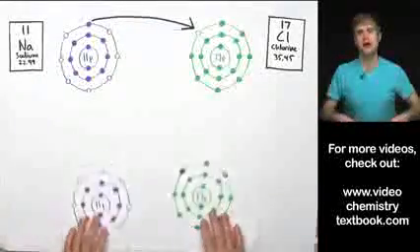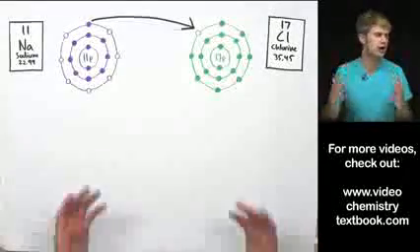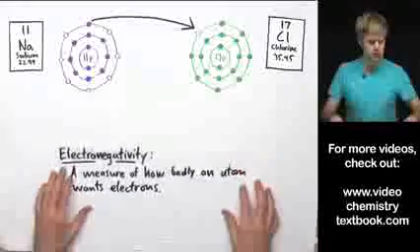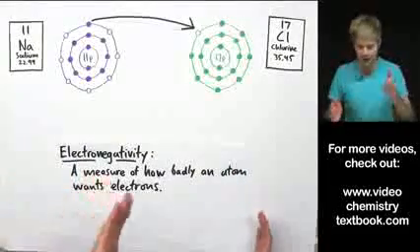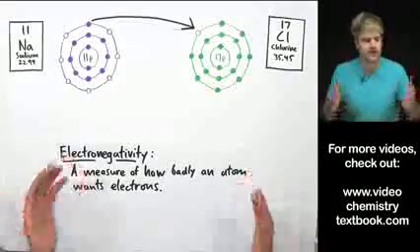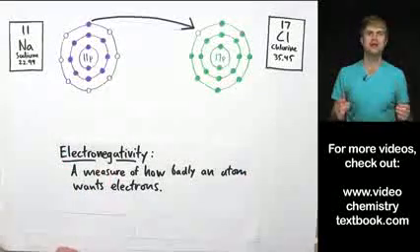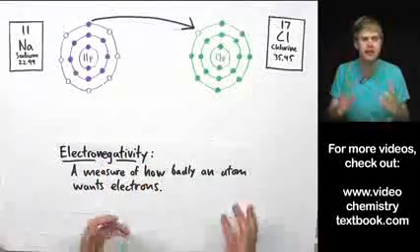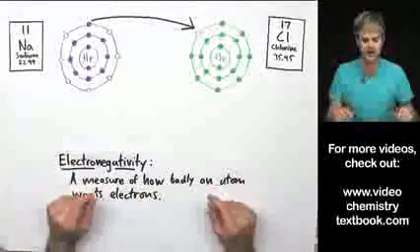The answer has to do with a topic called electronegativity. Electronegativity is a measure of how badly an atom wants electrons. The higher an atom's electronegativity, the more greedy it is for electrons, the more it wants to try to steal them from other atoms.